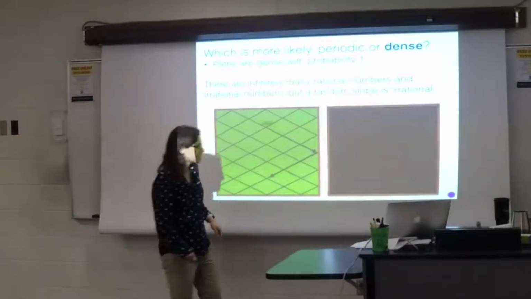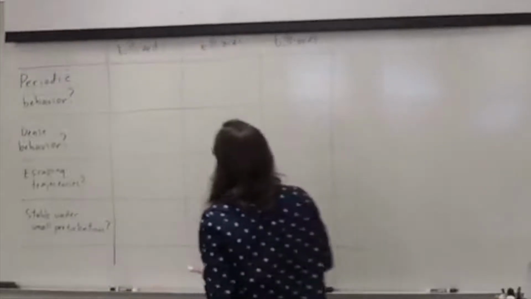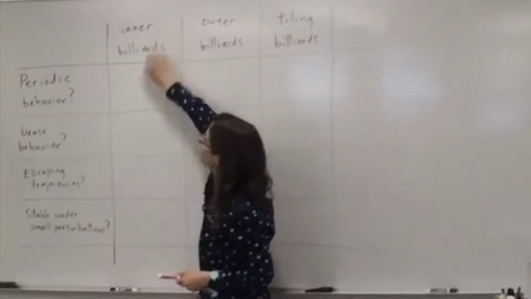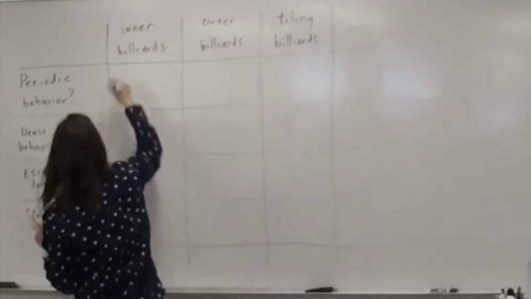Okay, so then what I wanted to do was record what we have decided so far. So let's look at the different behaviors that can occur in billiards. So here are some interesting behaviors that can occur. And let's fill this in for inner billiards. So can you get periodic behavior? Yep, you can get them.